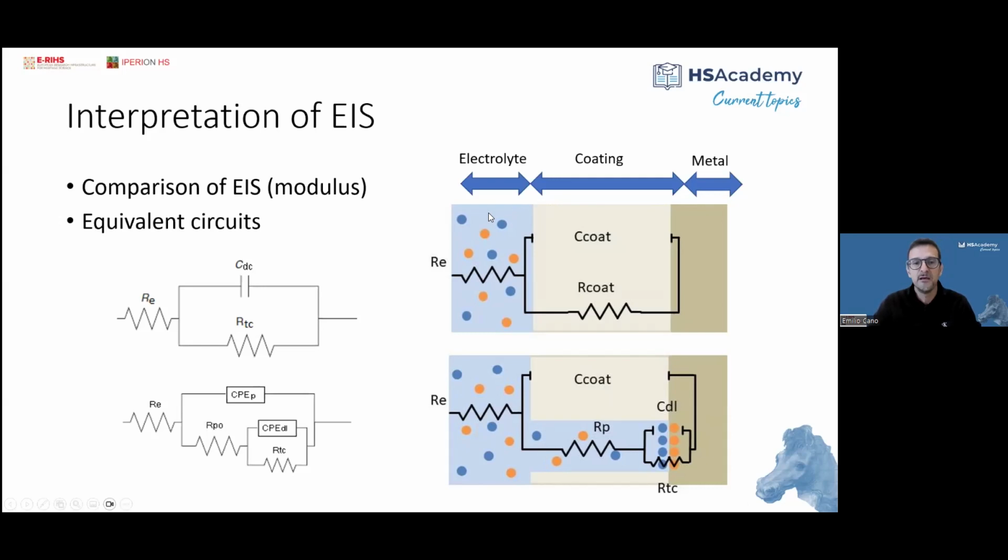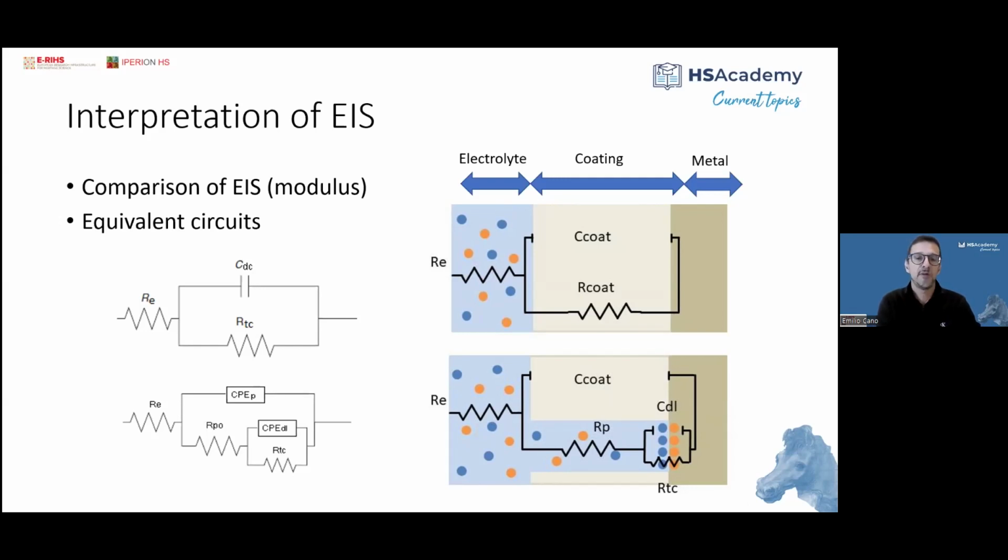The CPE is an empiric element which is used in this kind of fitting to model the non-uniform distribution of currents or thickness of the coatings, or different types of inhomogeneities in our system. So the interpretation using equivalent circuits is a very hard topic, and it would take us a lot.